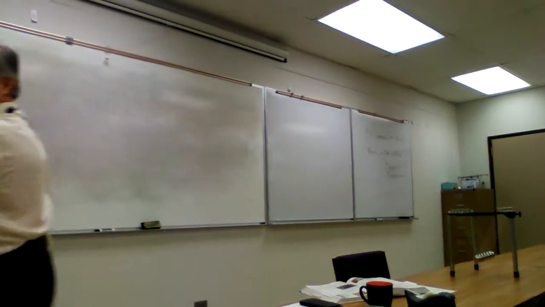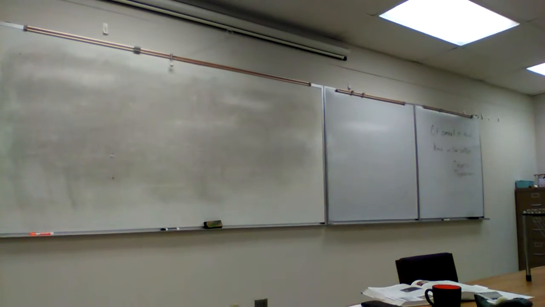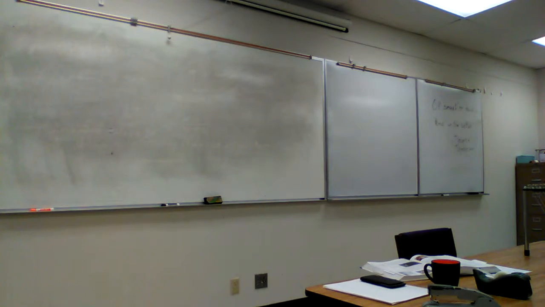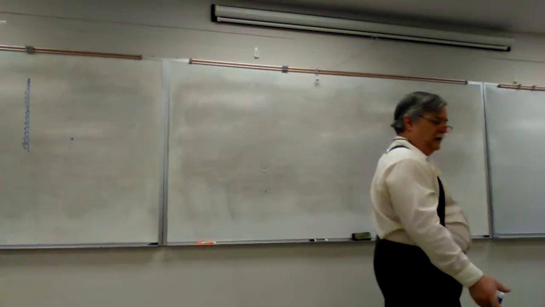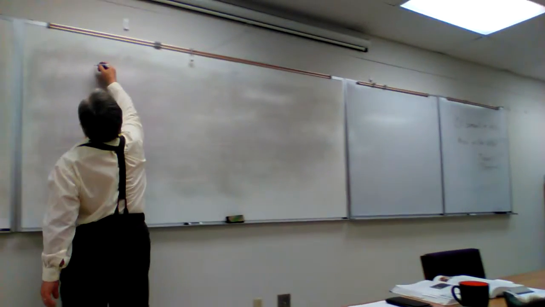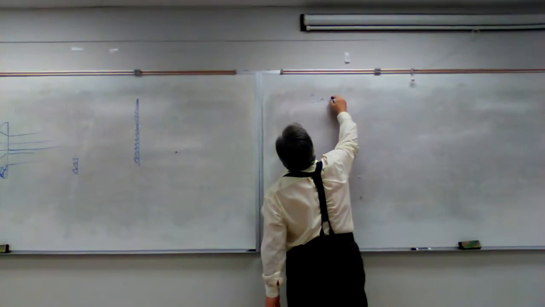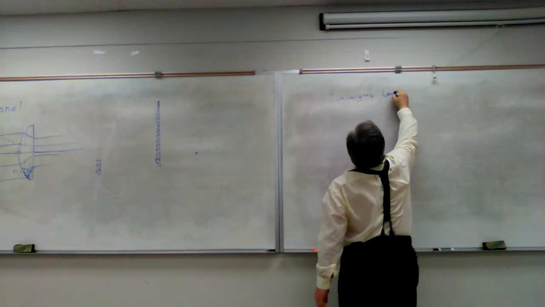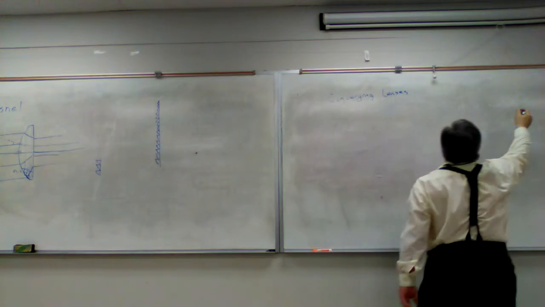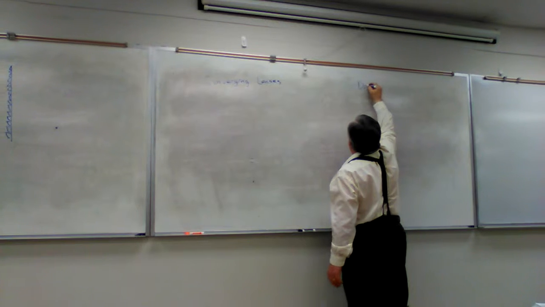You haven't. There you go. They list 6 different types. They're in 2 classes. There are converging lenses, and there are diverging lenses.